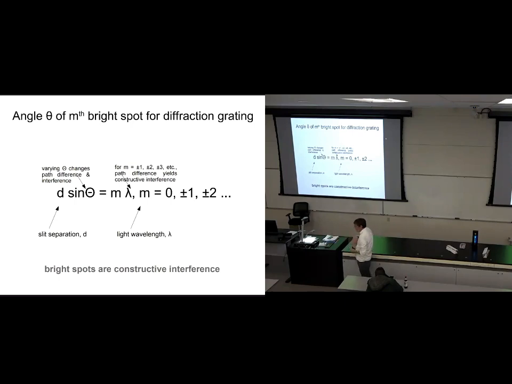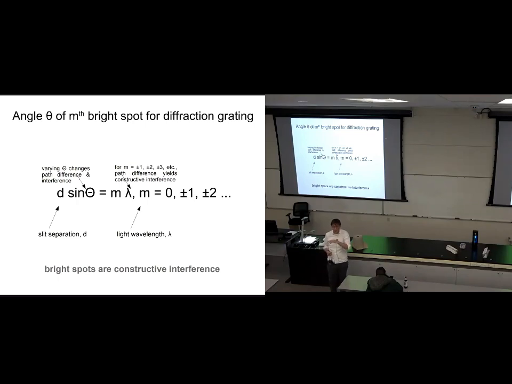m is again an integer that's labeling the fringes. The complicated thing about m to me sometimes is that depending on whether you're thinking about bright fringes or dark fringes, and whether you're thinking about single slit, two slit, or diffraction grating, the integer m sometimes starts either at 1 or starts at 0.